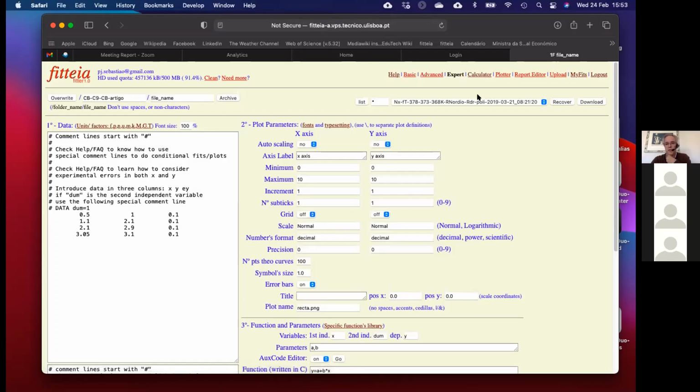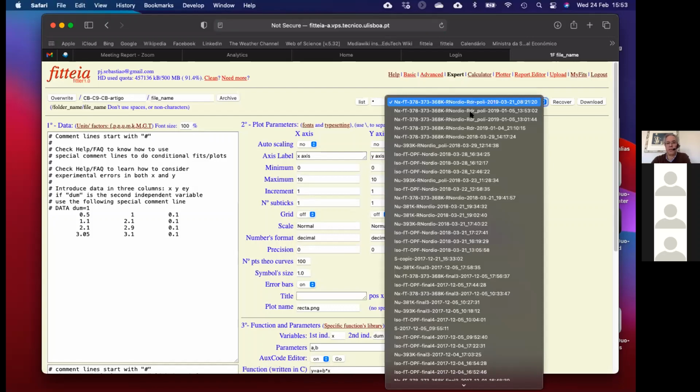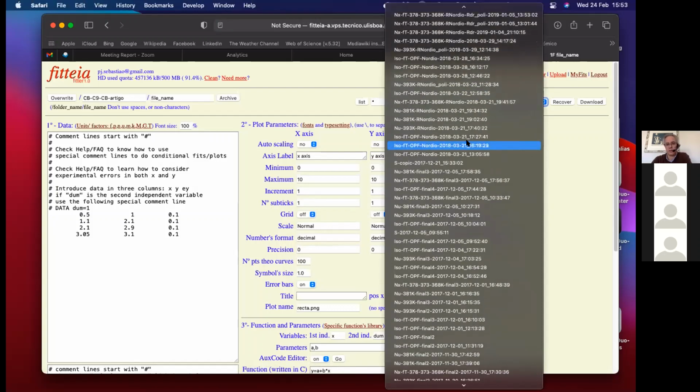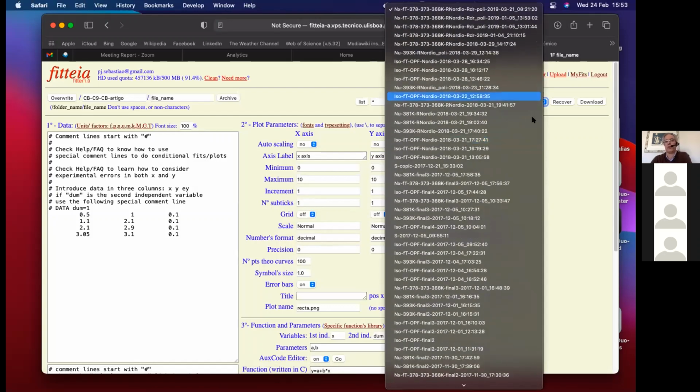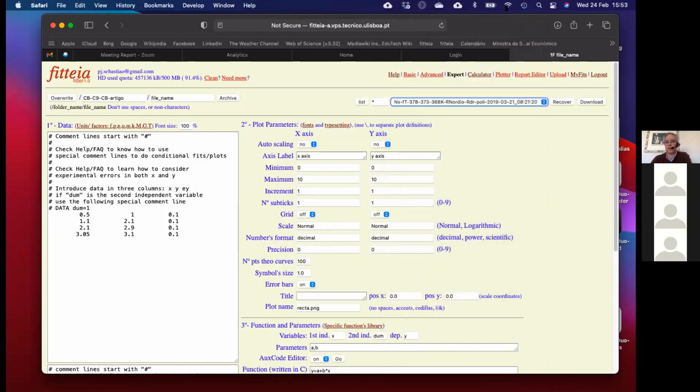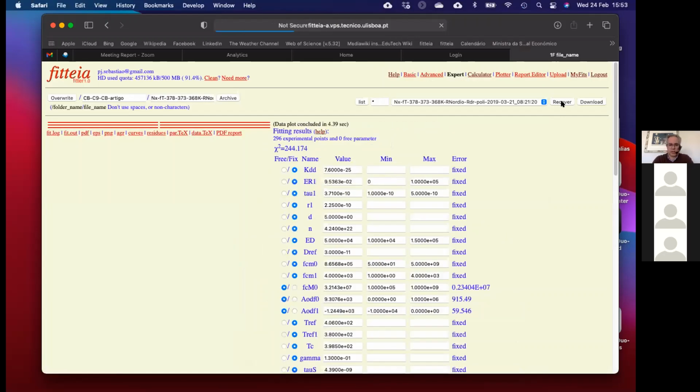So, I have a bunch of fits, and if I want to recollect one of them, the most recent one, just before the paper was submitted, I just recover what was in the system.